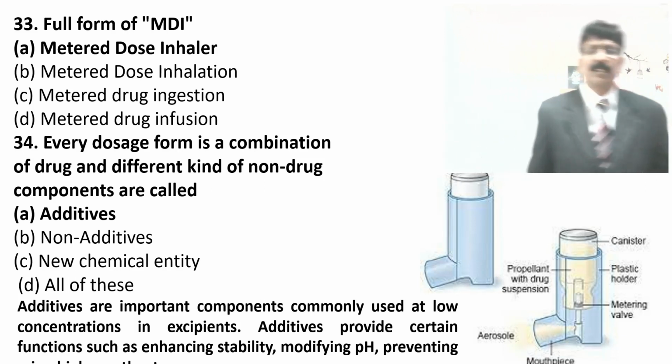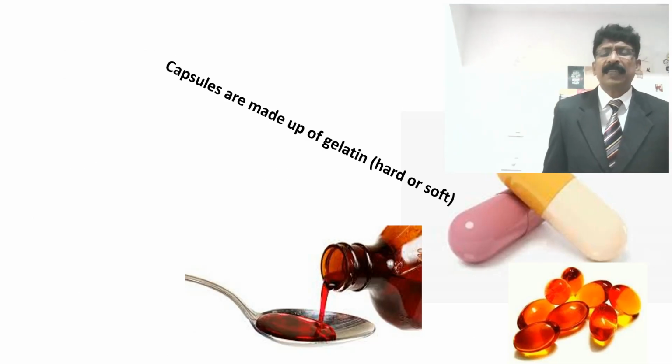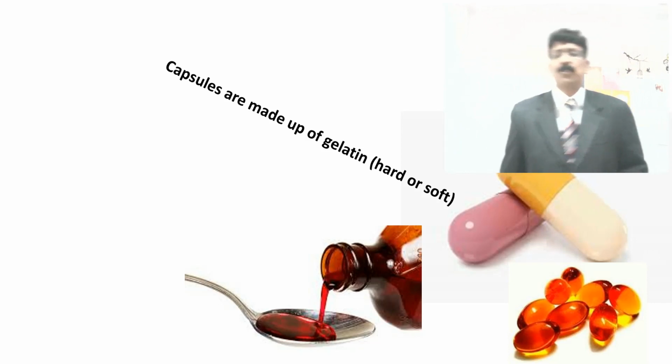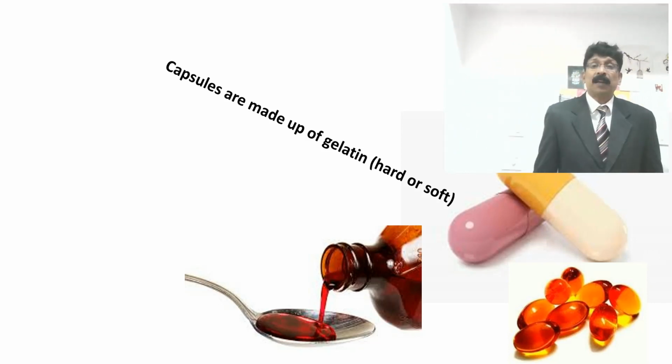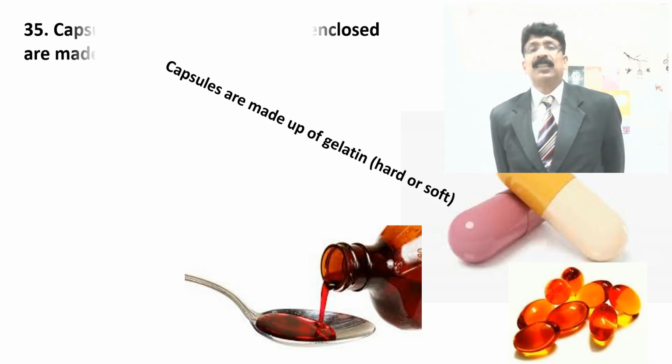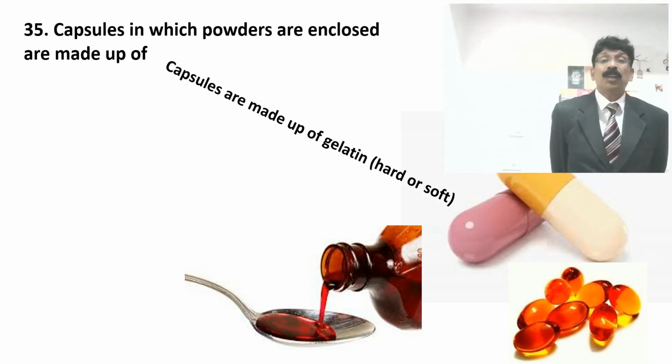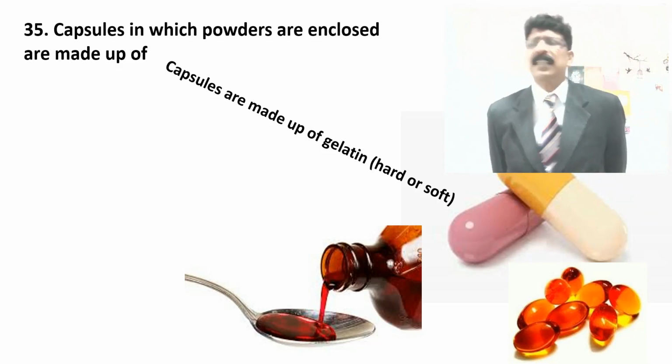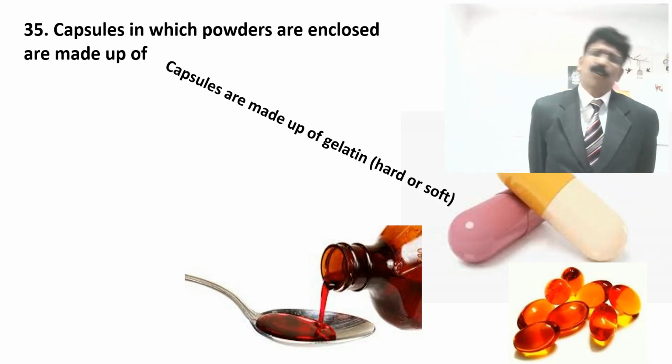Additives, the answer. And you can see here the picture which shows hard gelatin capsule, soft gelatin capsule, and a syrup picture. Capsules are made up of gelatin, hard and soft. The capsule in which powders are enclosed is made up of gelatin. Even soft gelatin capsule or hard gelatin capsule.